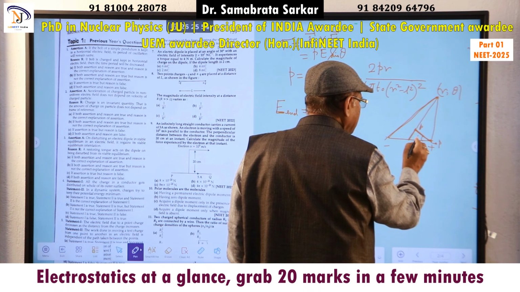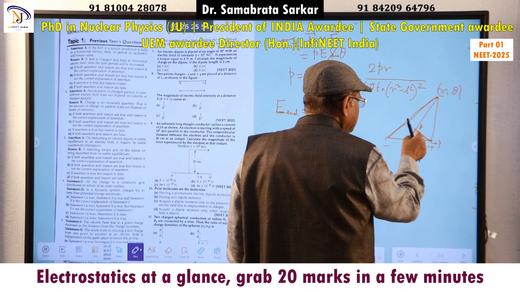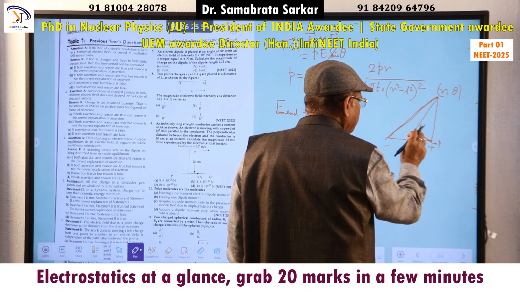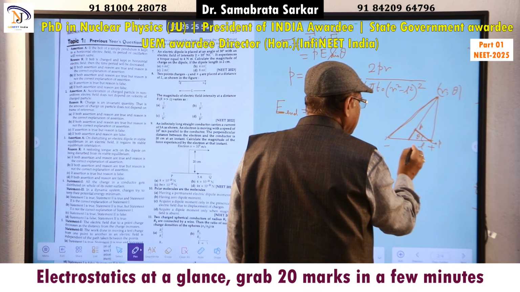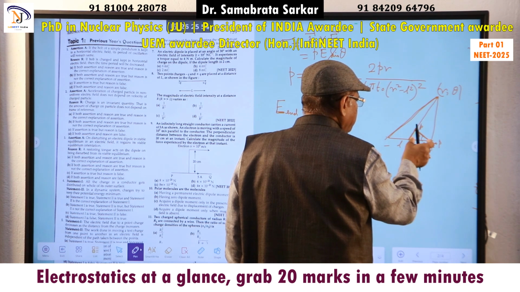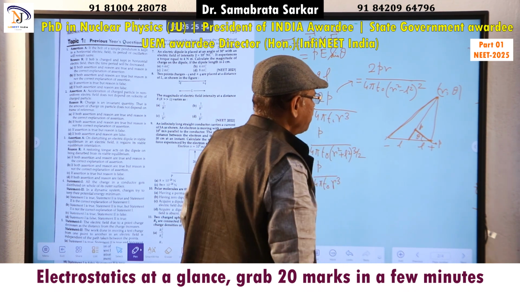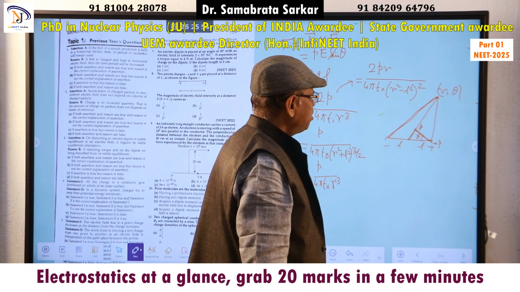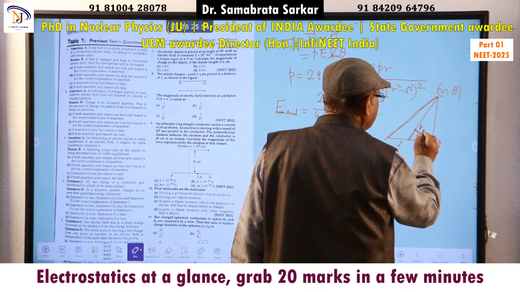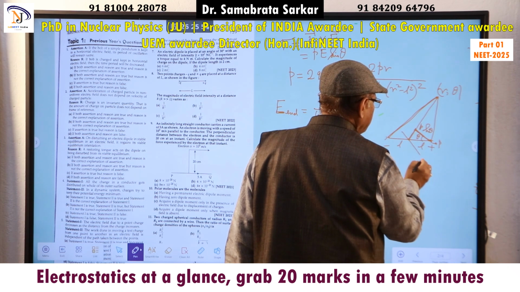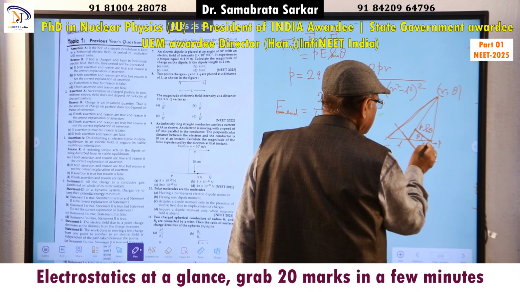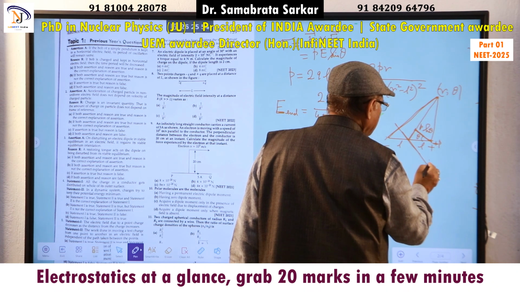If it is theta, then this will be perpendicular by hypotenuse. This is L, perpendicular by hypotenuse, isn't it? Okay, understood? So what will this be? What will P be? And if we draw a perpendicular with this, if it is positive, P.